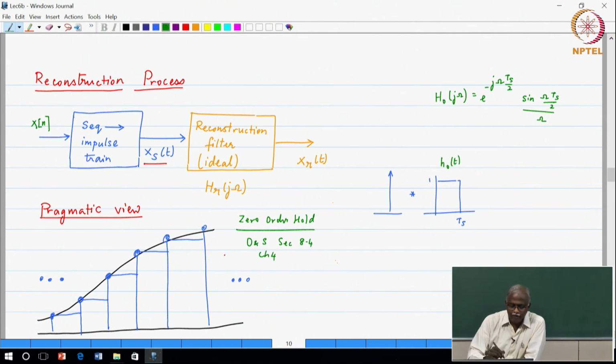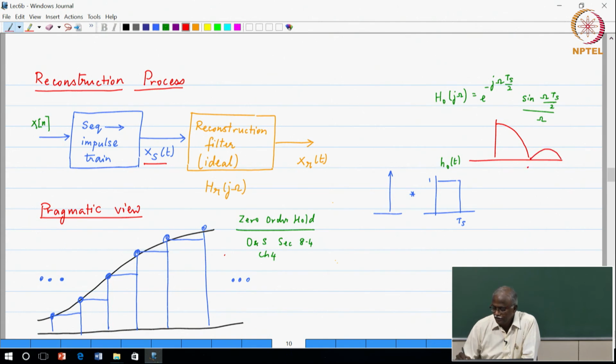Now, why are we interested in this? Because we want to see the spectral characteristics. The spectral characteristic is of course a sinc function, with zero crossings at 2 pi by Ts, 4 pi by Ts. But the important question here is, what portion of the spectrum am I eventually interested in through the process of reconstruction?